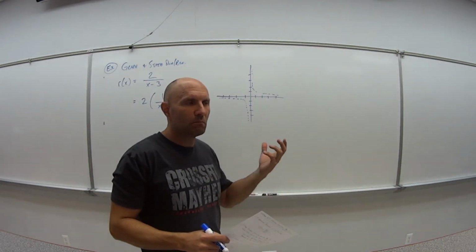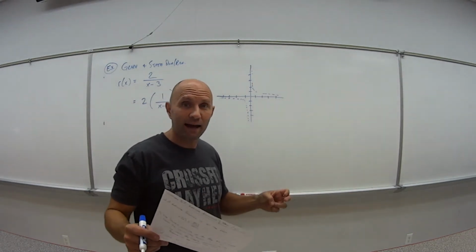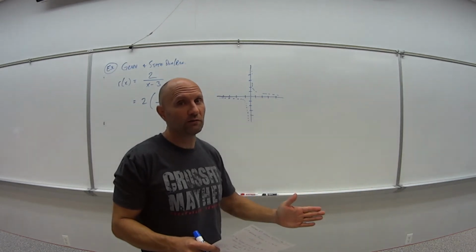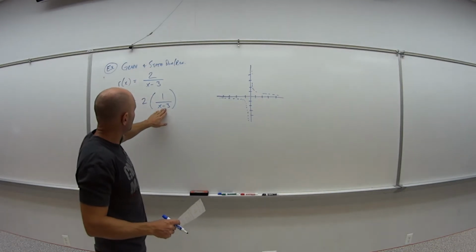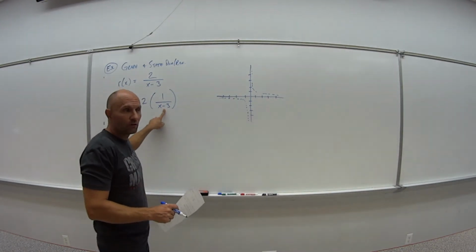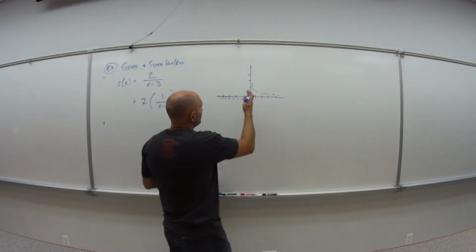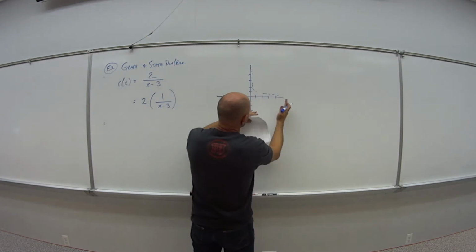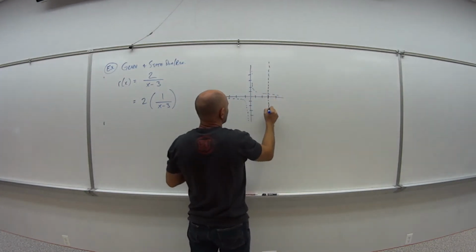When I have a value inside the function, that's our IHOP. Inside is our horizontal shift, the opposite of what I see. What I see here is minus 3, so that means it's a horizontal shift of plus 3. Instead of these asymptotes being on 0 and 0, the whole thing slides over to the right, plus 3.